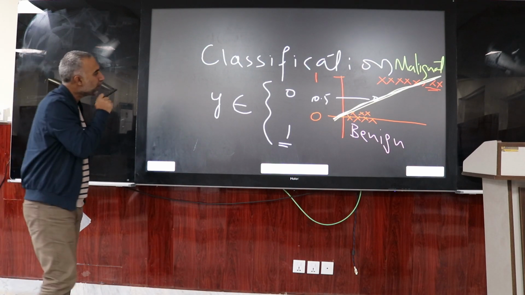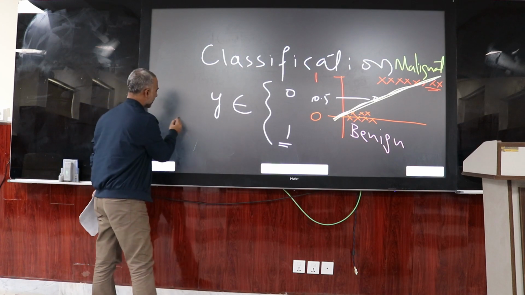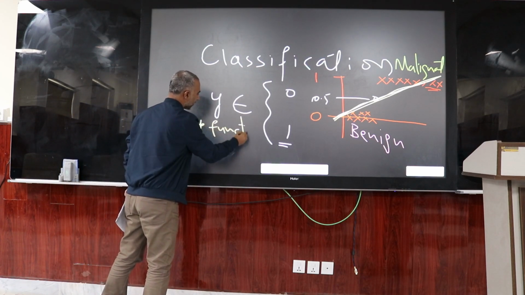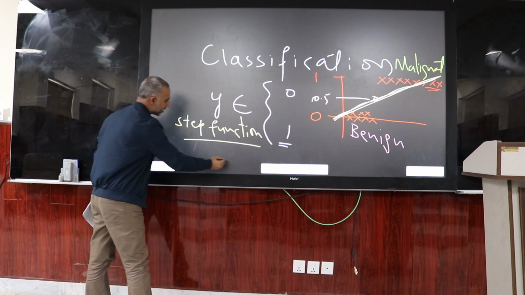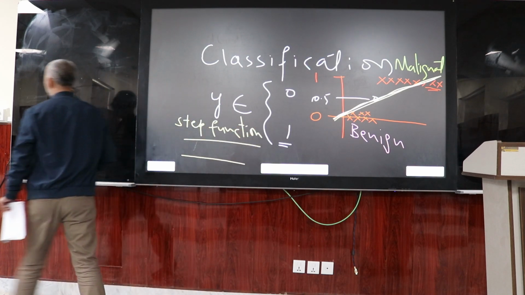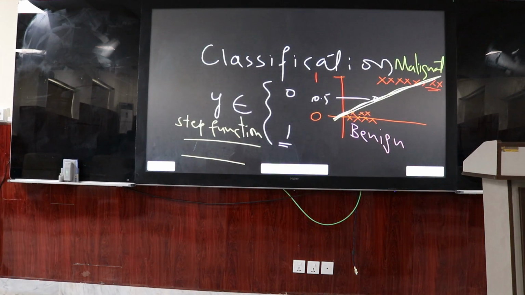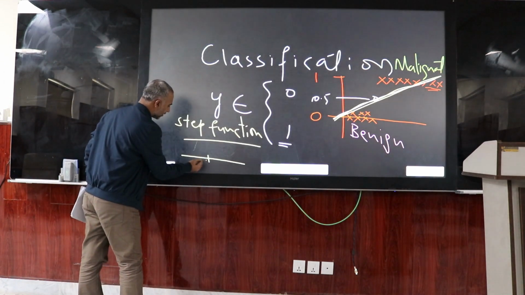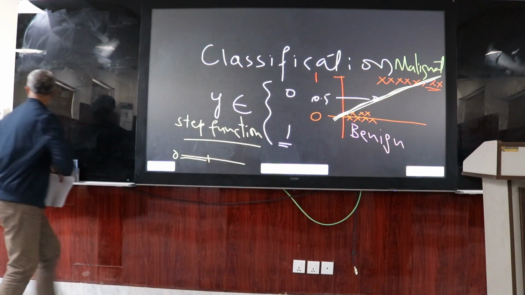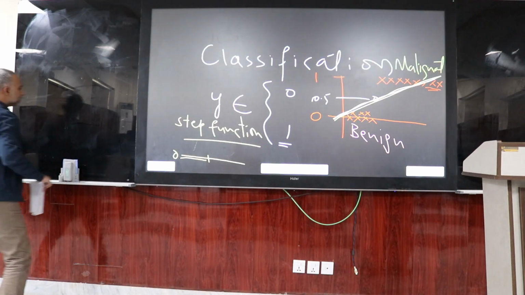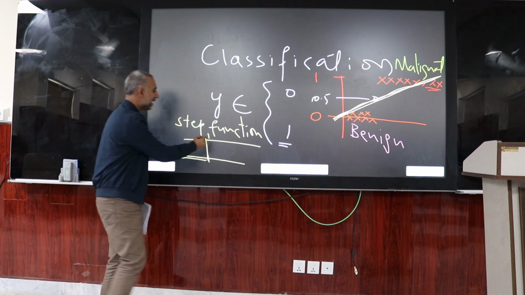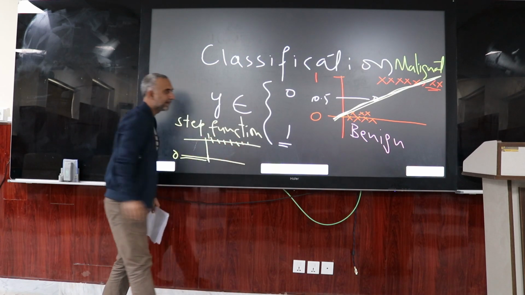Or you can say this follows some kind of a step function. In a step function, your lights, for example, are always in an off position, at 0. But once I turn on the button, the step function will turn on, say it's 1, and remain in this state.